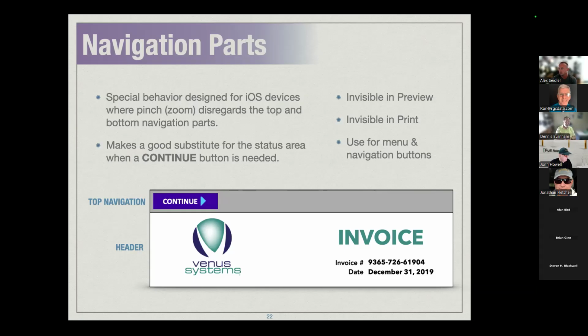If they call me on the telephone, I can tell them to just hit the enter key and it will proceed. But instead of opening the status area to make that continue button open, I really like the idea that I can put it in a navigation part, and as long as they're in browse mode, they'll be able to see it.